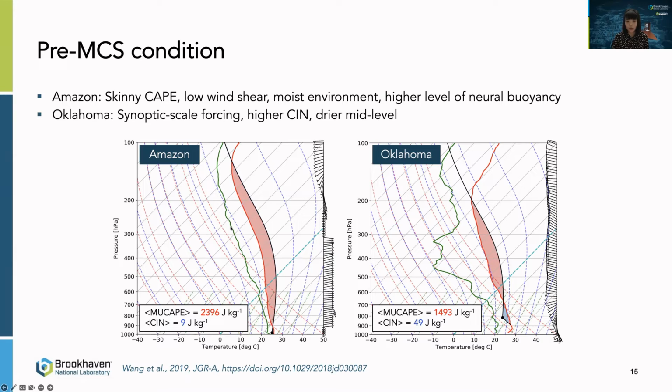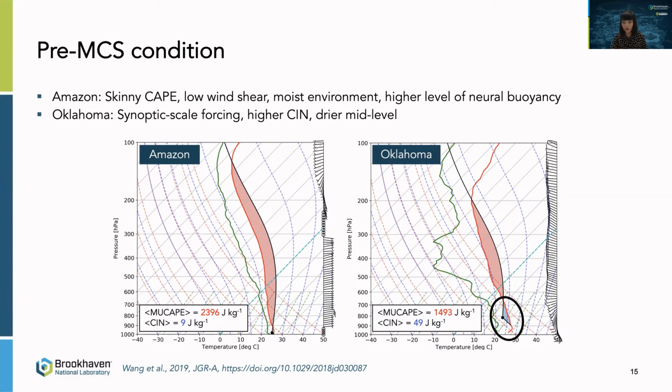The green lines are dew point temperature profile, red lines are temperature profile, and black lines are parcel temperature profile. The red shading indicates the CAPE, and blue shading is the CIN. You can see they both have a lot of CAPE, especially in the middle and lower levels. So that's an essential component to initiate those MCSs.